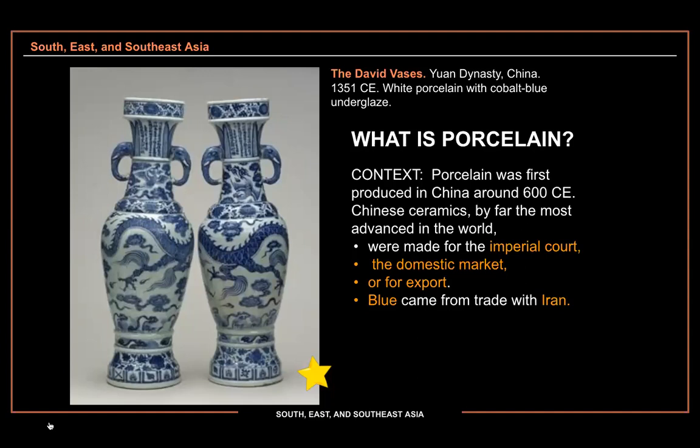And so it was first used for the imperial court, and then it becomes part of the export culture. And like the video said, blue actually isn't native to China. It comes from Iran. So once again, being transported along the Silk Road.